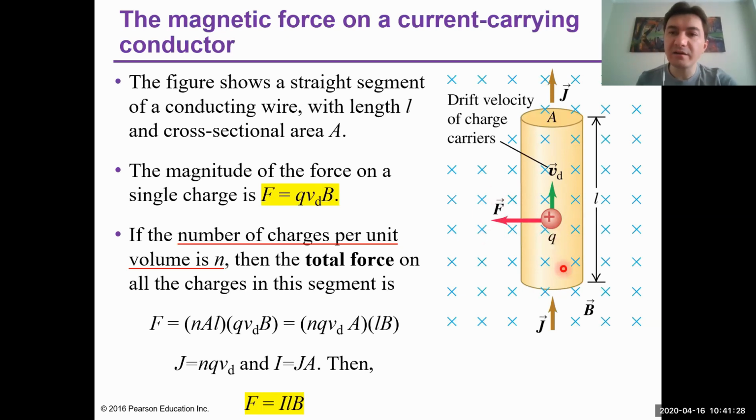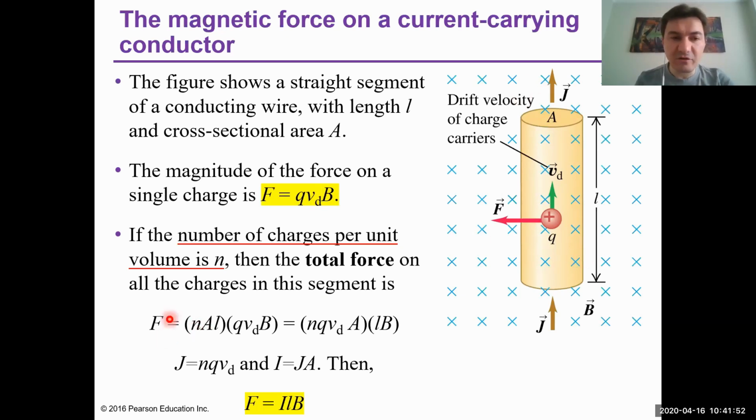In reality, there are many charges here. Let's consider that we have n charges in unit volume. This is the number of charges per unit volume, and we would like to calculate the total force on all of them.